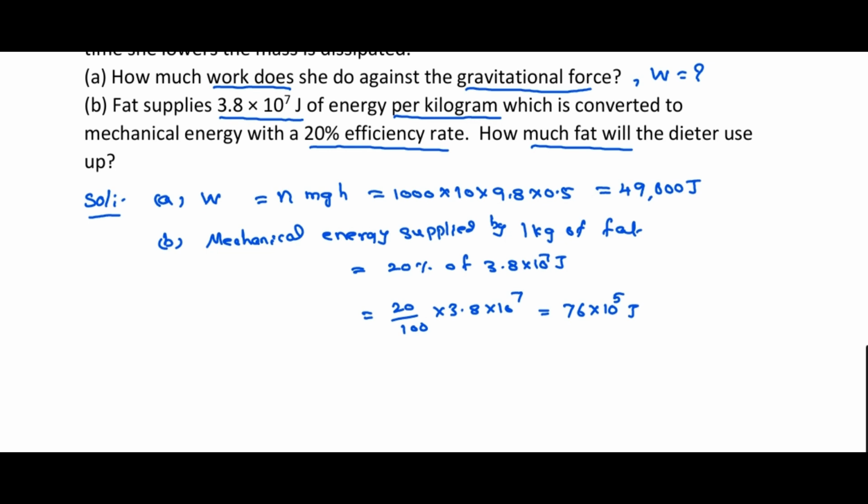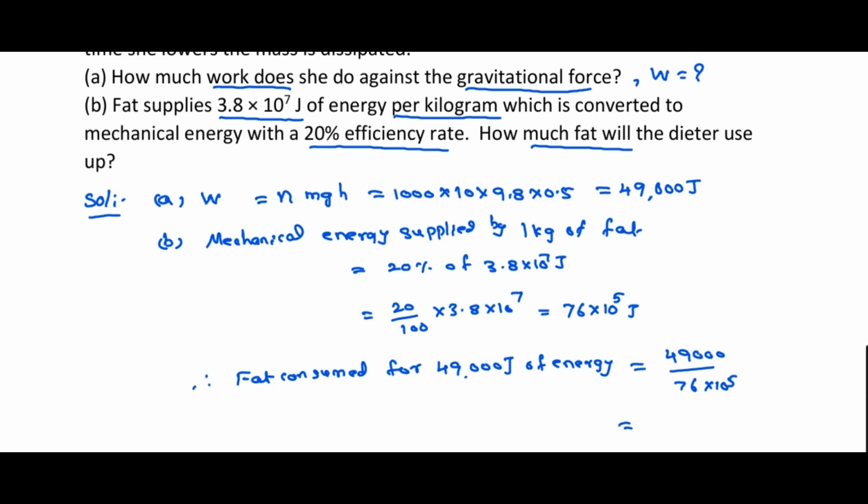So dimensionally, what do we need to find out? How much fat will the dieter use up? That means the amount of fat consumed or burnt we have to find out. So we can write fat consumed for 49,000 joule of energy as 49,000 divided by 76 into 10 power 5.